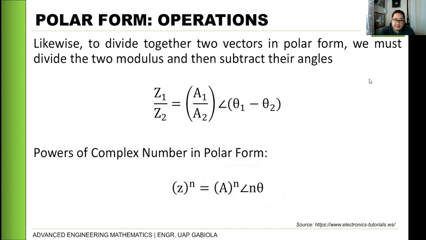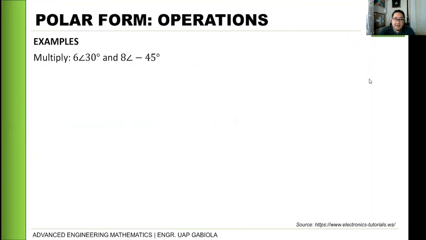Okay, next. Okay, apply natin sa example. So we have 6 angle of 30 plus 8 angle of negative 45. Hanapin daw natin yung product niya. Okay? So applying yung formula displayed from the previous slide, we have Z1 times Z2. So equals daw yan sa A1 times A2. Then angle theta 1 plus theta 2. Okay?